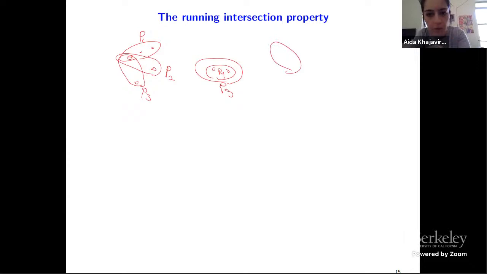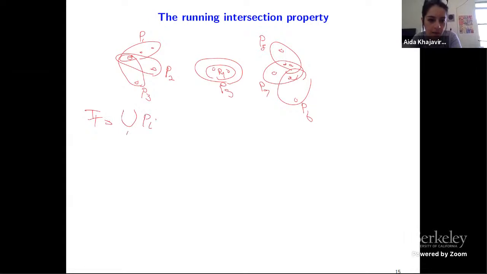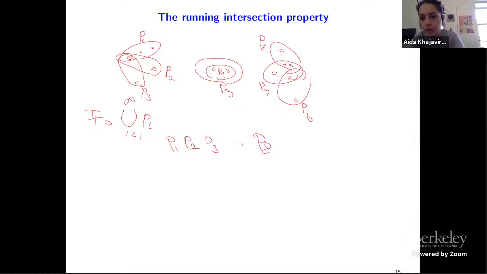We need identical elements for later. So let's say that multiset F consists of these PIs, i from 1 to 8.